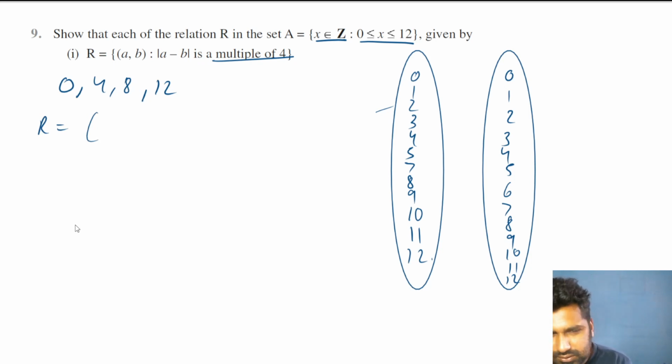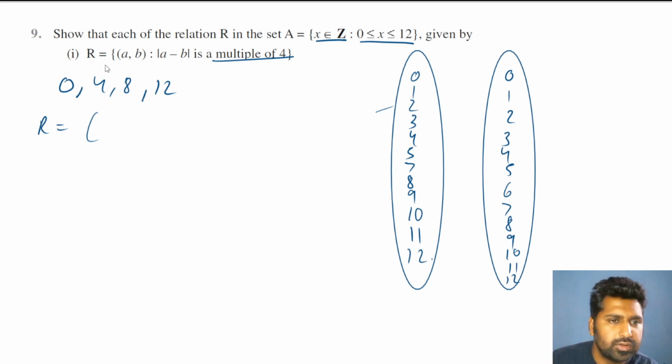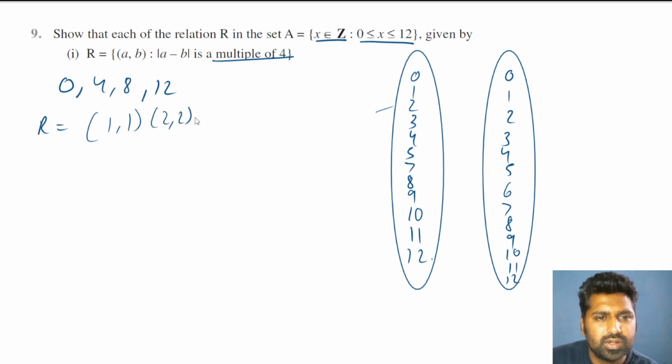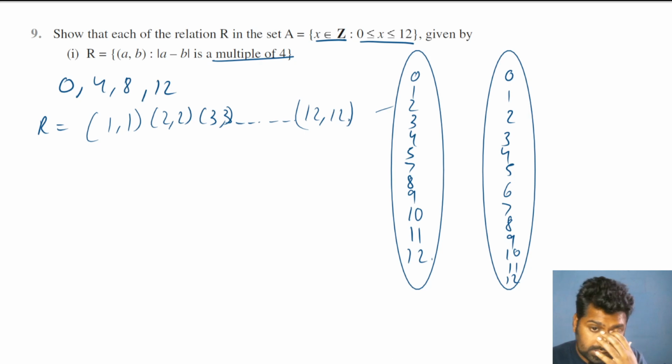Let's take the numbers starting from 0. First of all, for 0 the numbers should be equal, that means 1 1, 2 2, 3 3, up to 12 12 will be there, because if we subtract them they are definitely a multiple of 4. So all these relations are being satisfied here.